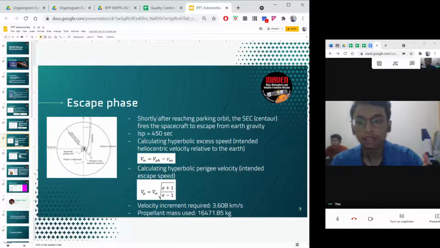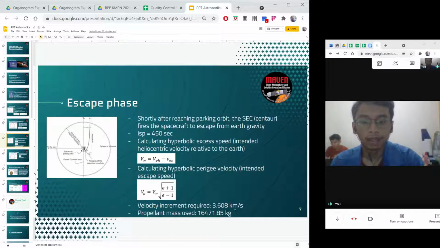Shortly after reaching its parking orbit, the Centaur rocket propels the spacecraft to escape from Earth's gravitational influence. With its specific impulse of 450 seconds, the propellant mass used for this phase is around 17,000 kilograms.